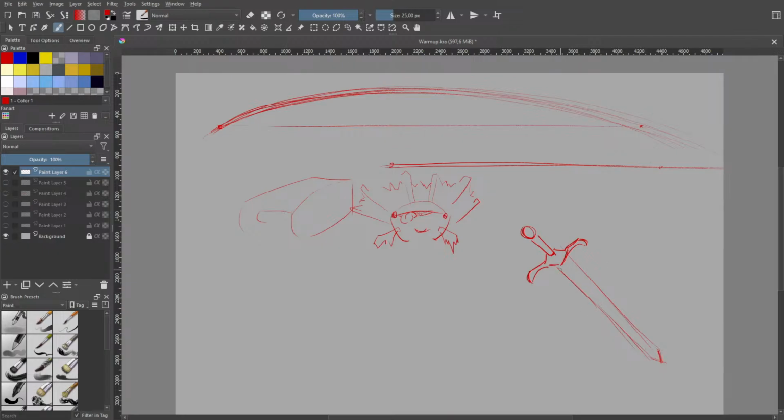This kind of looks weird. It's off center and everything is just kind of.